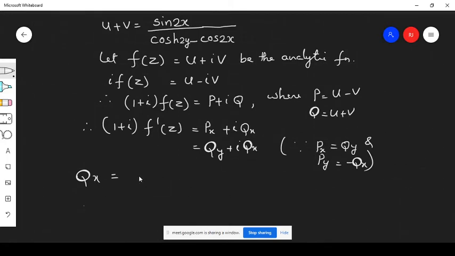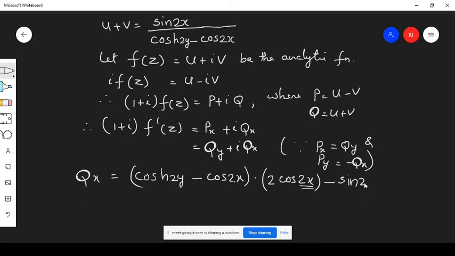Denominator, cosh 2y minus cos 2x, into derivative of numerator: derivative of sin 2x is cos 2x, and then derivative of 2x is 2. Now minus numerator, sin 2x, into derivative of denominator.